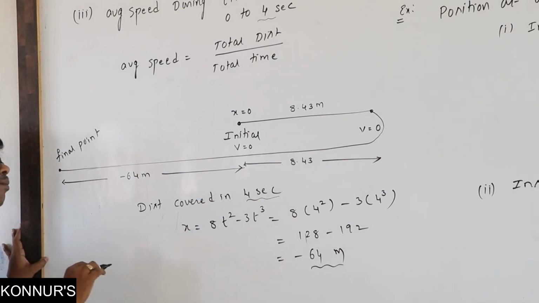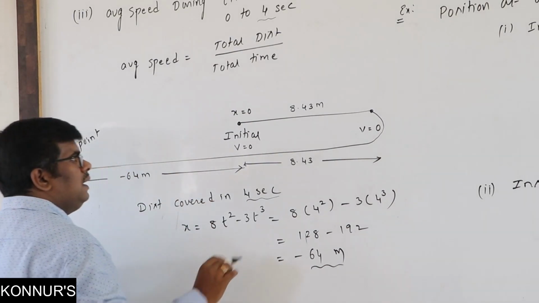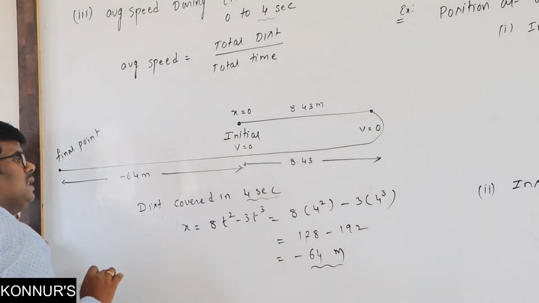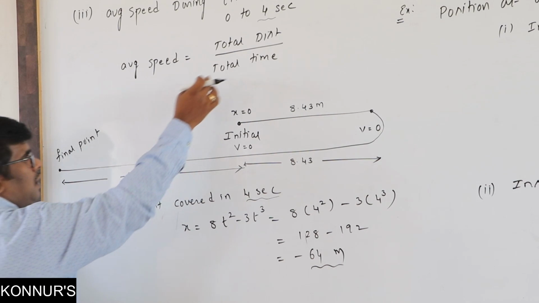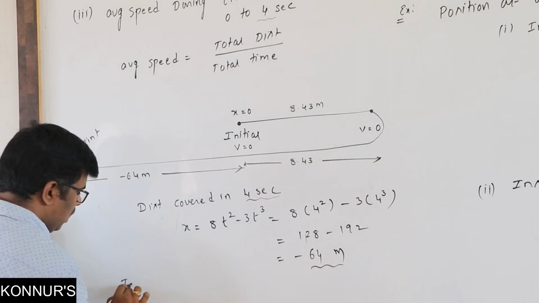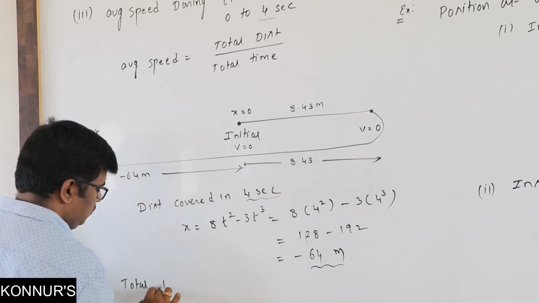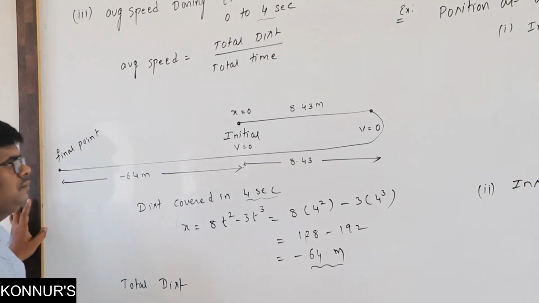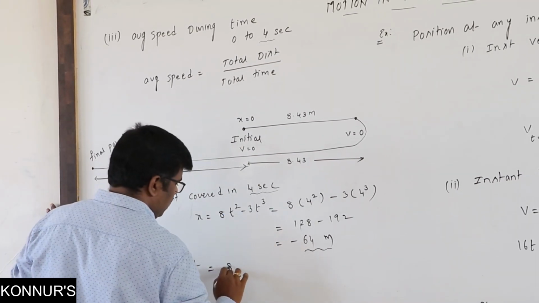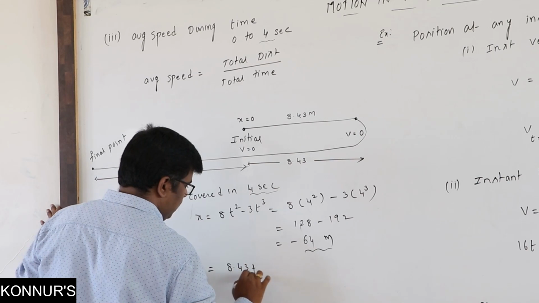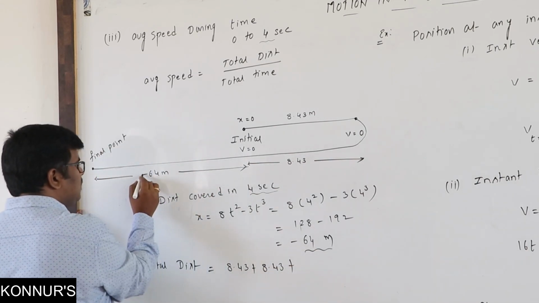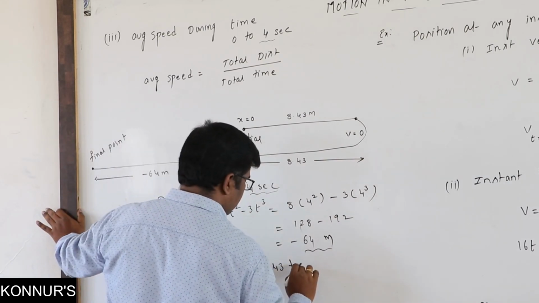Then the total path travelled by the body is 8.43 plus 8.43 plus 64. Only magnitude we have to consider, because we are calculating the distance, path length only. We are not taking the sign here.